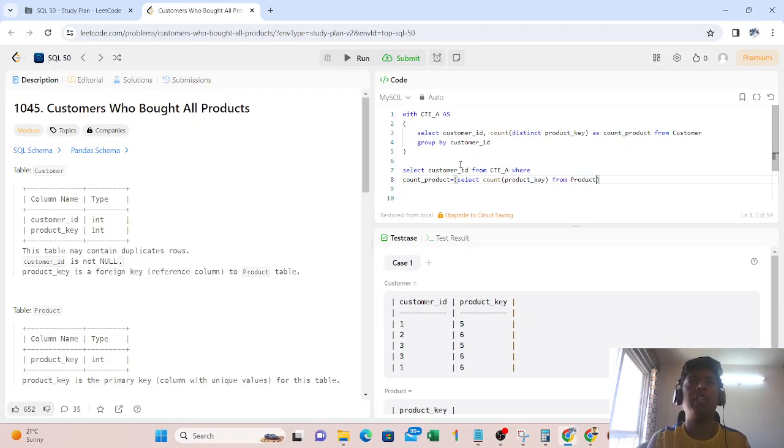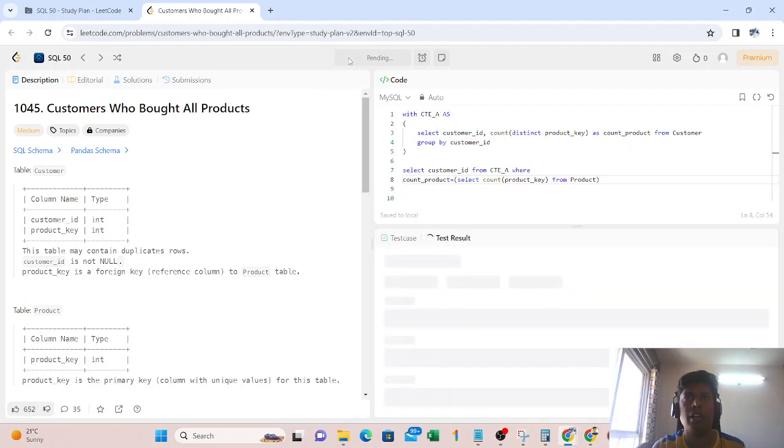Select customer ID from CTE, where count of product is equal to select count of product key from product. Okay, so now here, whatever the count of products would be should be equal for every group, should be equal to the count of total products that are present in the product key. And I hope this should give us the output.